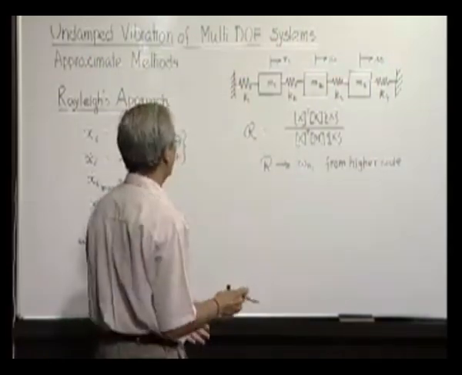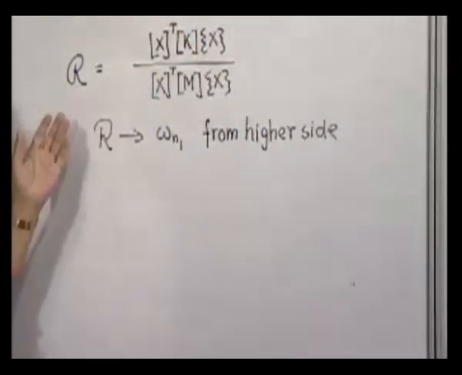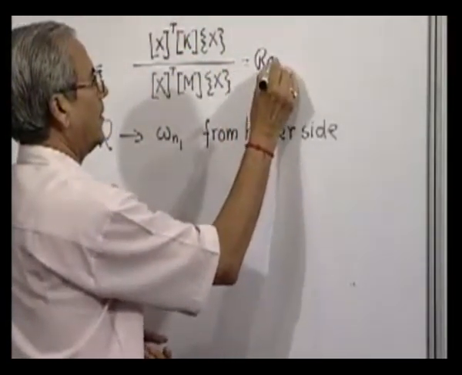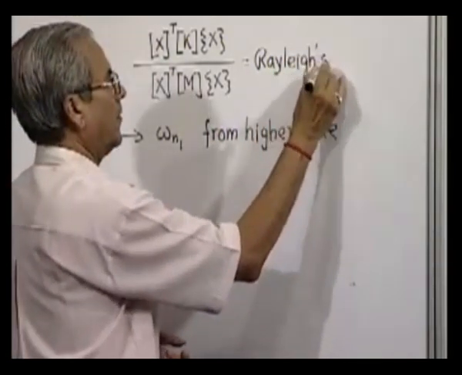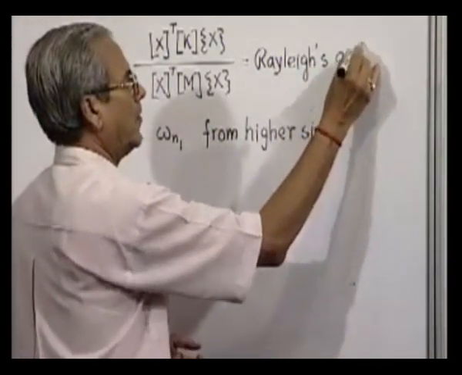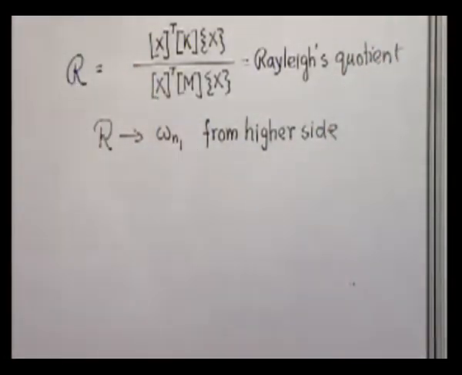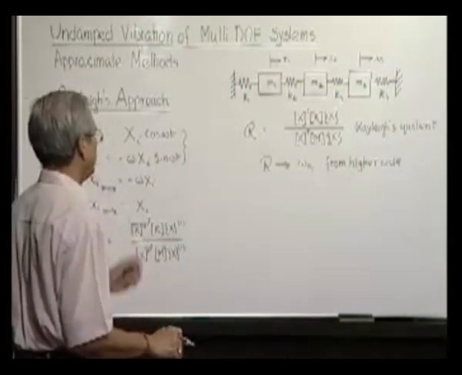So therefore, for an assumed shape X, whatever value of the Rayleigh's quotient we get, it will always be slightly higher than the real natural frequency.